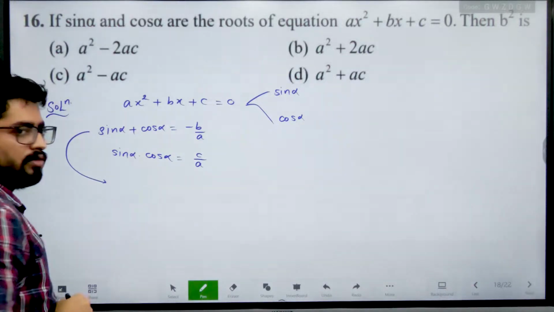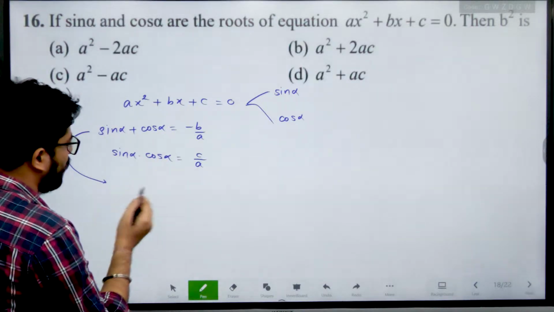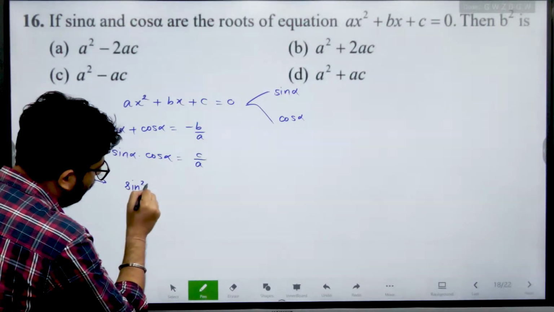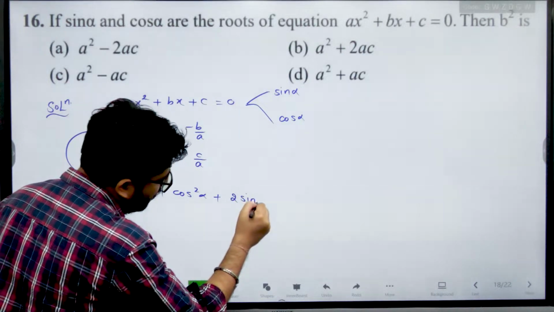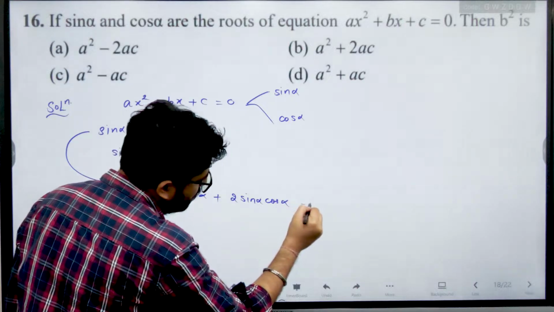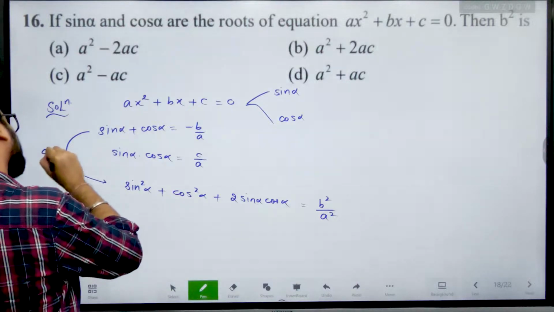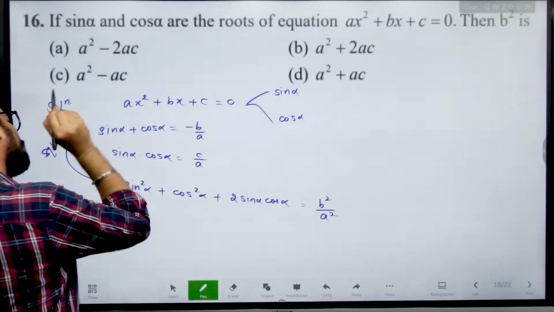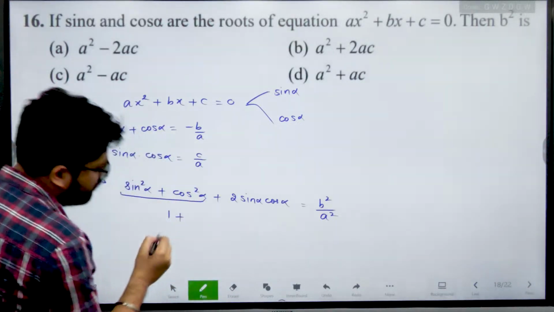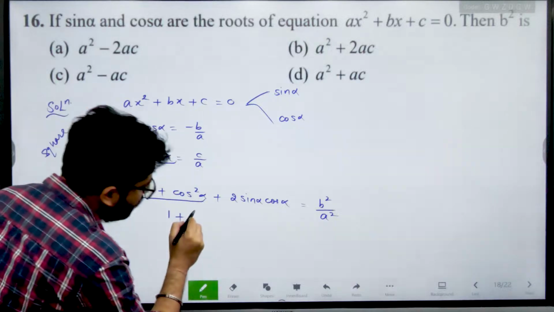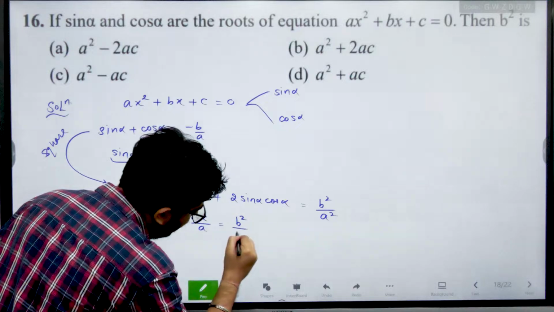Now take the square on both sides of the sum equation. You will get sin square alpha plus cos square alpha plus 2 sin alpha cos alpha equal to b square by a square. We already know sin square plus cos square alpha is 1, and sin alpha cos alpha is c by a, so 1 plus 2c by a is equal to b square by a square.